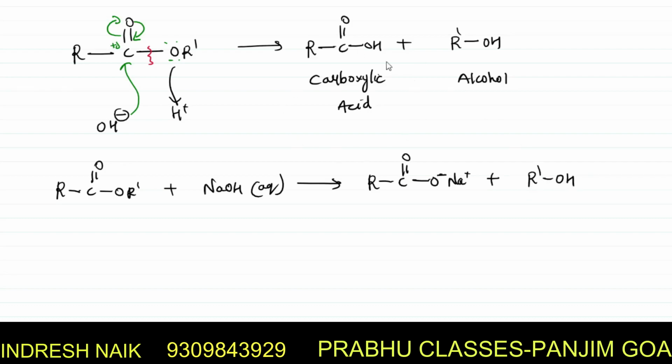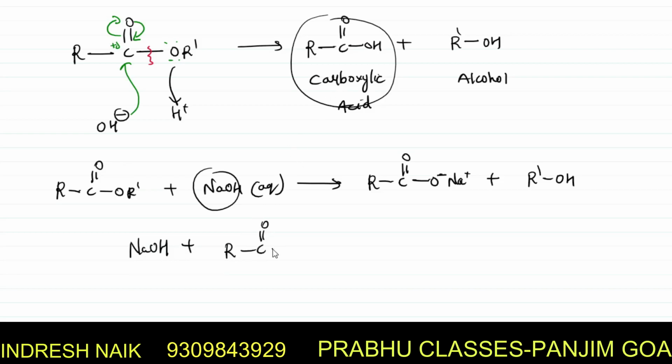Now how are we getting this? See, in the presence of the base, once you get this product, it will react with it. When a base and an acid react, you get a salt. Always remember that NaOH will react with the carboxylic acid form, RCOOH.